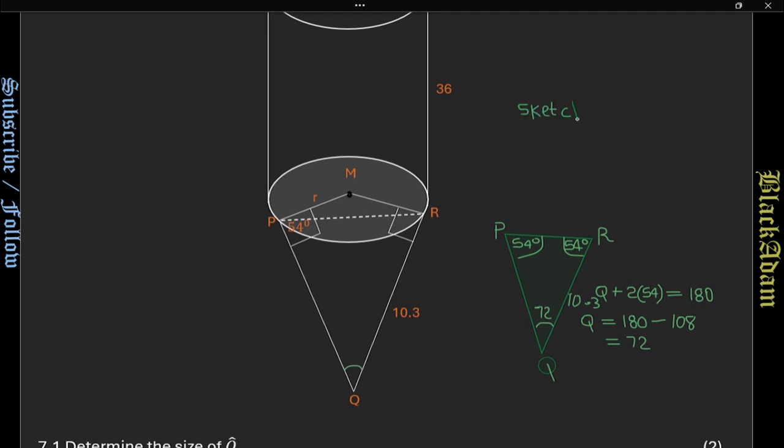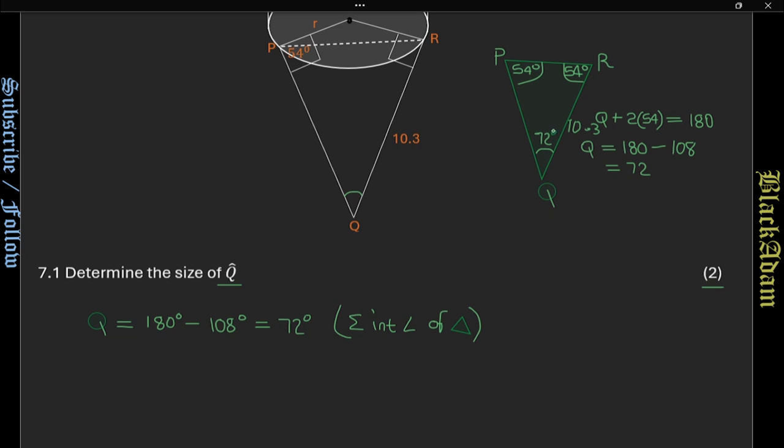You can see the sketch of Q looks a bit smaller, but that's because the sketch is not according to scale.